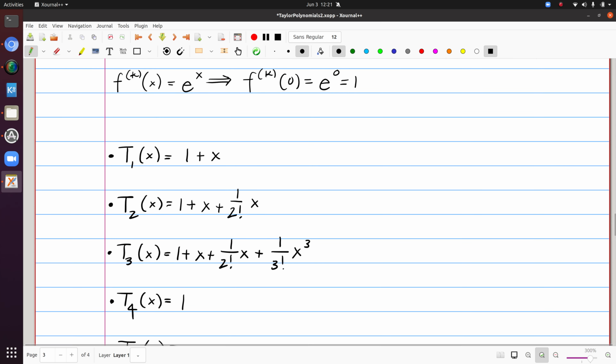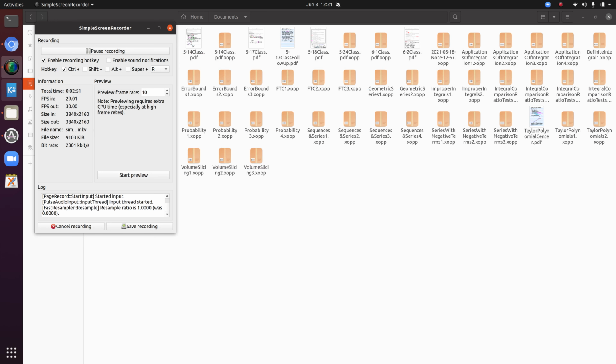And so now we see the pattern. Again, to get to the fourth degree, I take what I had for the third. Oops, sorry, these should be squares. I tack on to that the x to the fourth term, which is going to be the fourth derivative at 0, 1, divided by 4 factorial times x to the fourth.